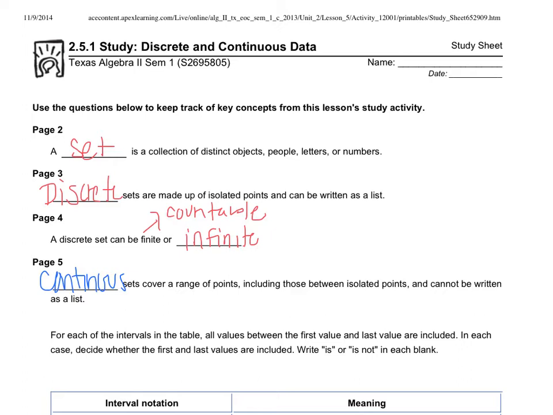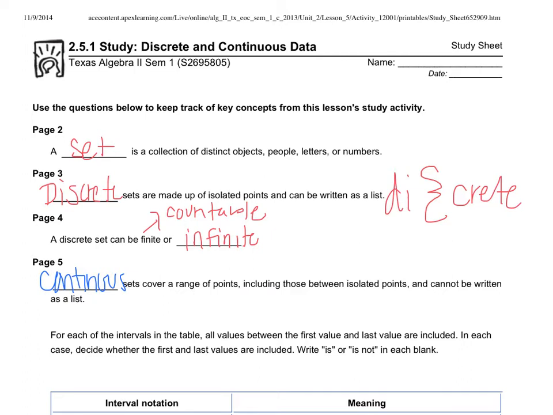Now, the way those sets are labeled, discrete and continuous, is very interesting. When we label a discrete set, we use what's called the fancy brackets, which look like S-shaped brackets, which is why I rewrote the word discrete using a fancy bracket.